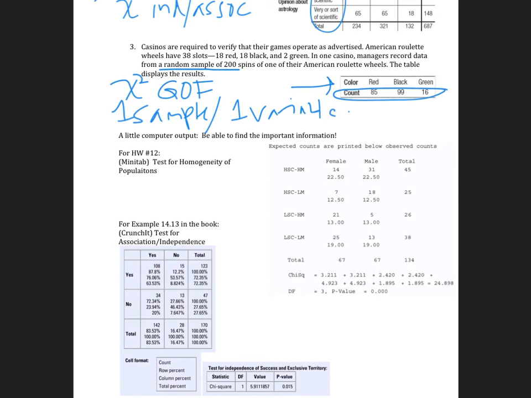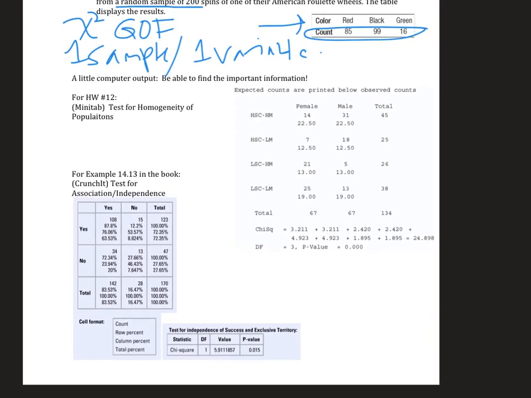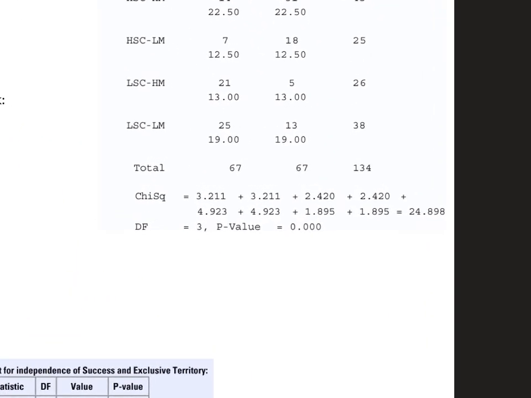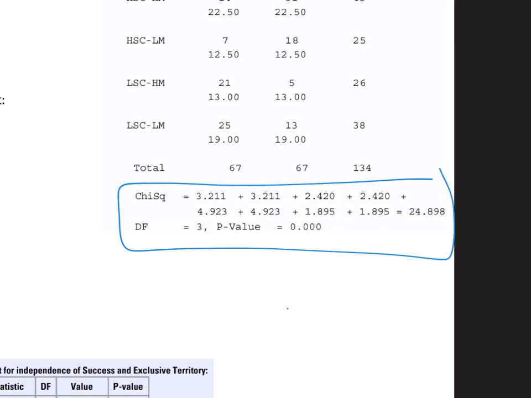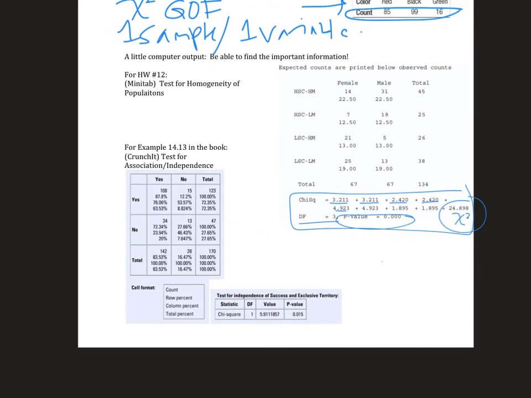All right, and then the rest of it just has to do with computer outputs, if you're able to read them. When you look at this right here, it gives you all the information that you need. Here are the chi-squared components. This right here is your chi-squared value. They tell you the degrees of freedom. The p-value ended up being 0.